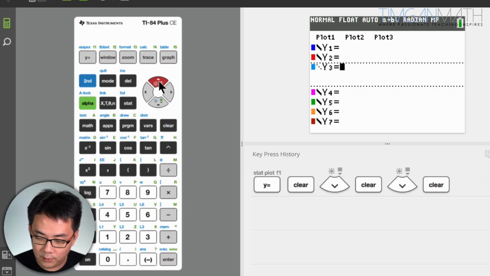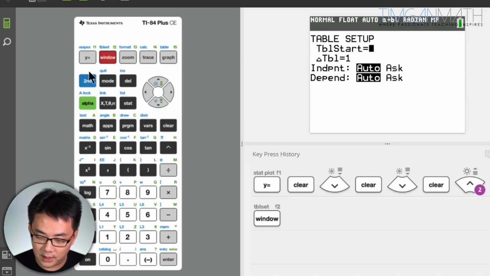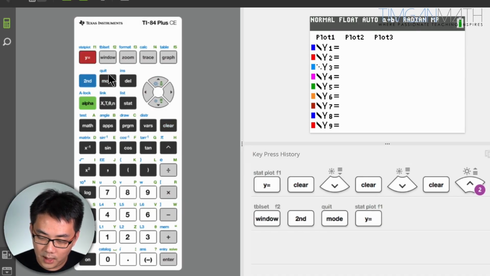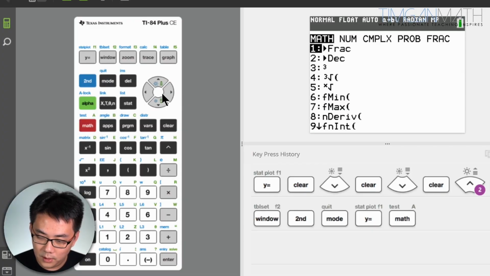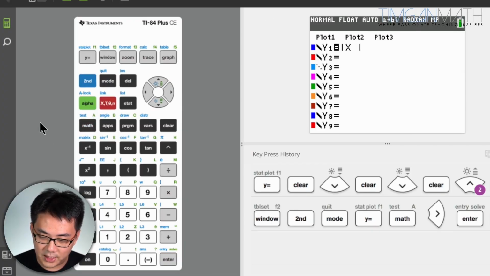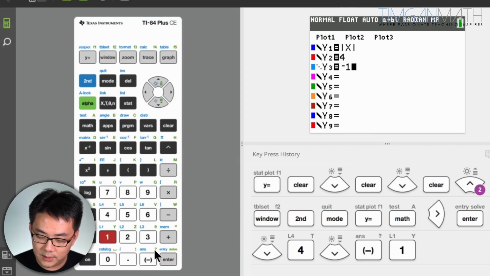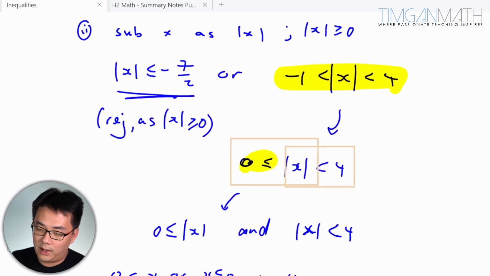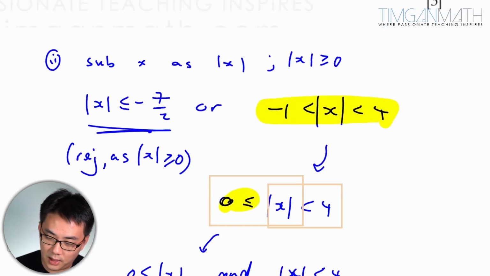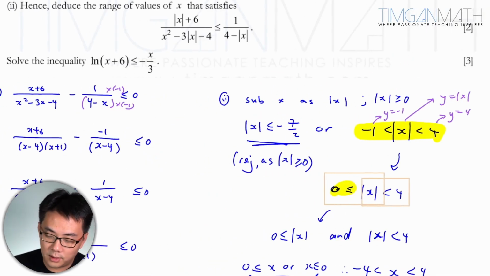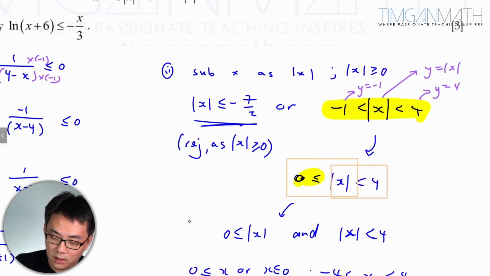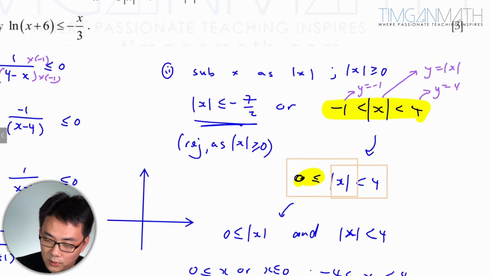Now, know how to get your modulus: it's here, second table set, math, number, absolute, then put this as x. Then you just put 4 and -1. What I want is y1 and y2: y equals 4, y equals -1, and y equals mod x. I want the x values which give me between -1 and 4. So when I draw this graph out, it looks something like that.